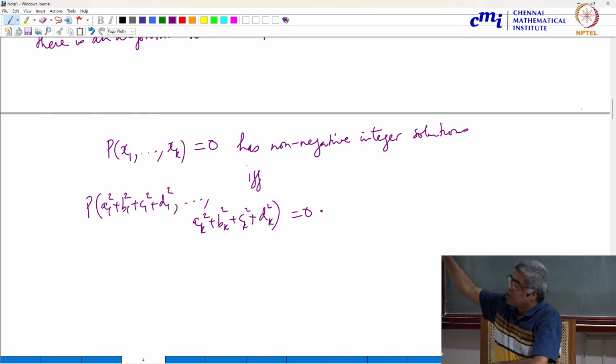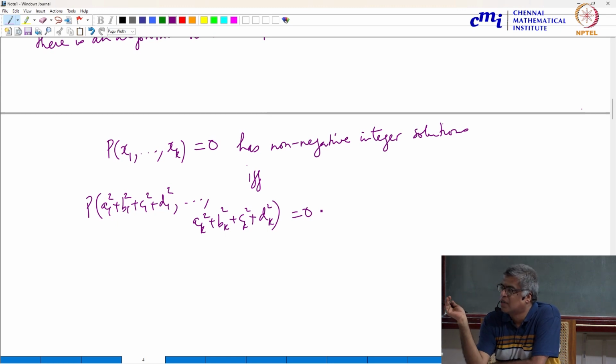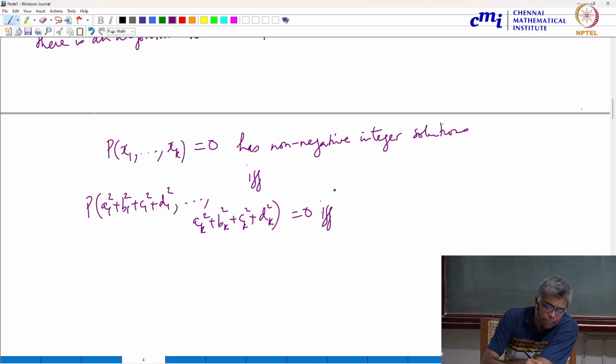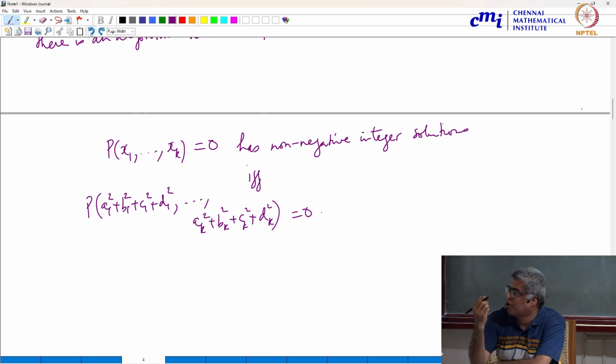There is a theorem by Lagrange which says that every positive integer can be obtained as the sum of four squares. And of course the sum of four squares is always non-negative.